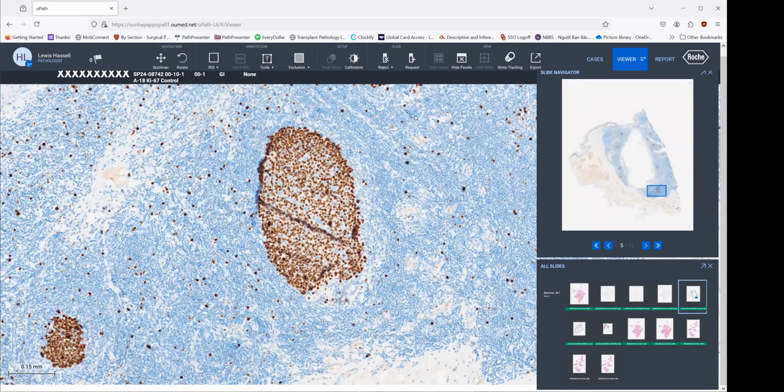So with this information, a vascular neoplasm, kind of low to intermediate grade, somewhat epithelioid appearance, we made the diagnosis of epithelioid hemangioendothelioma.